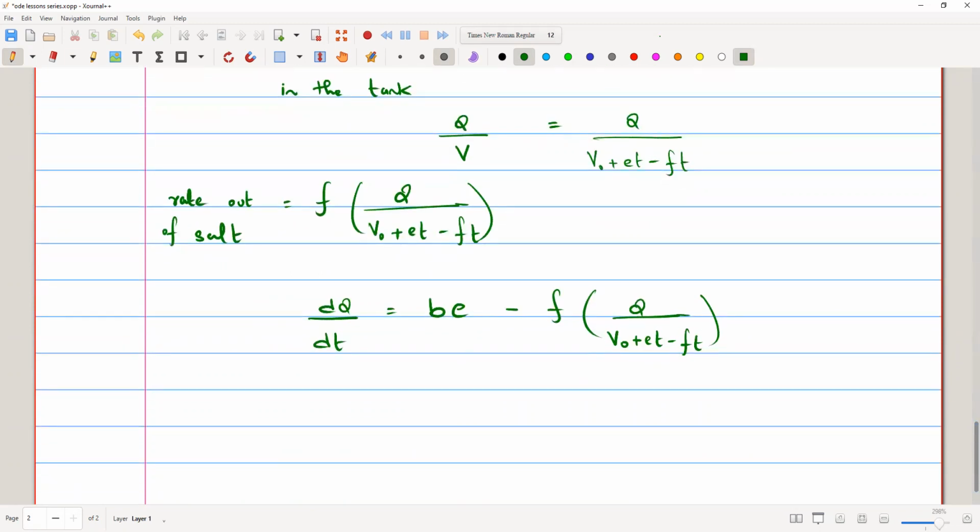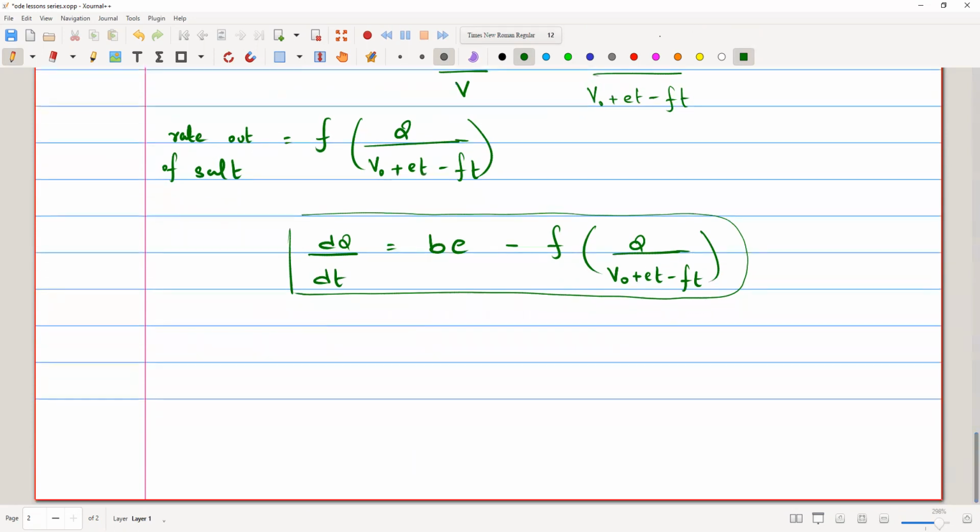All right, so now this is the expression for the mixing problem, also called a dilution problem. Using this expression, we can solve these chemical reaction problems or mixing problems.